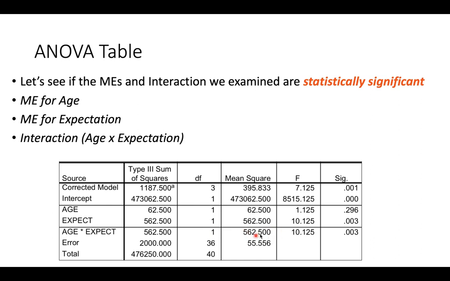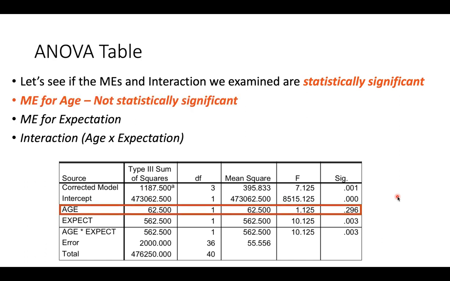We get a mean square for each of these terms. And we get an F value for each of these terms, plus a significance value. So we're going to take each of these one at a time, and we're going to break down how we should interpret them.